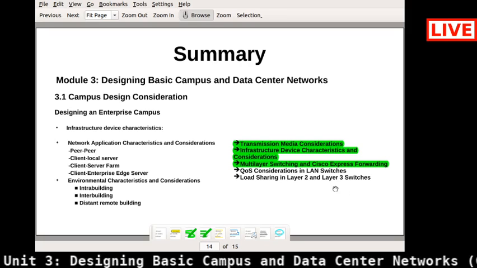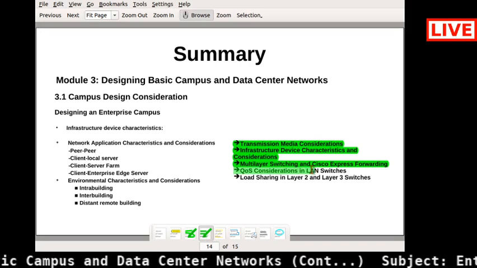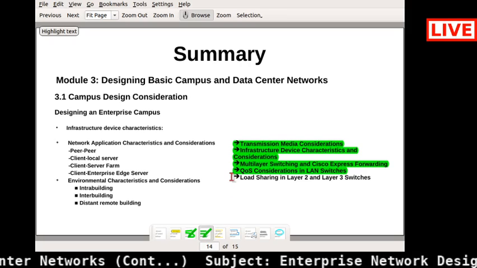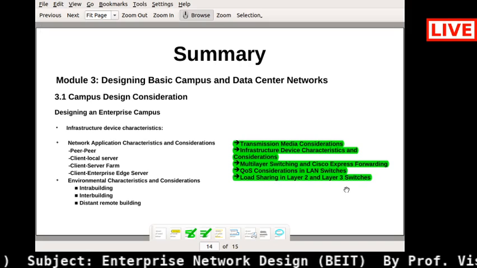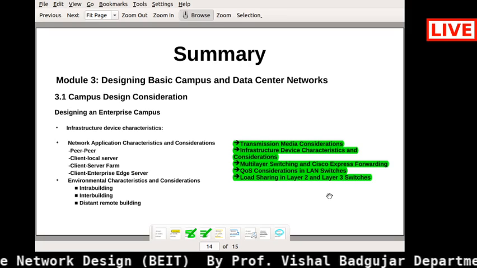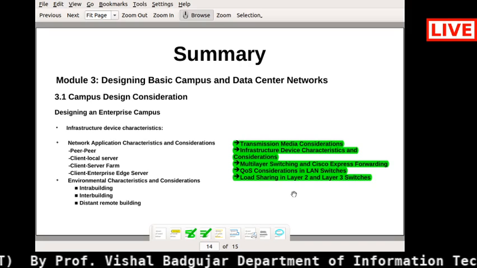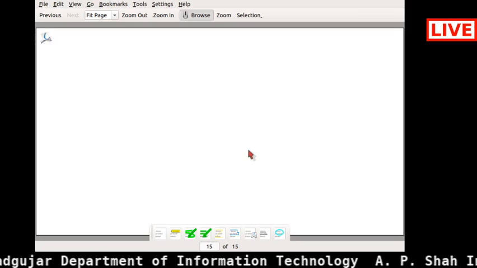Then QoS, the quality of service, and how important it is in LAN switches. Then the load sharing between layer 2 and layer 3 switches, and the advantage of layer 3 load sharing over layer 2. Okay, so this is all about today.